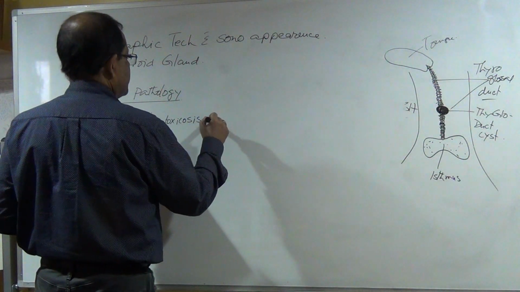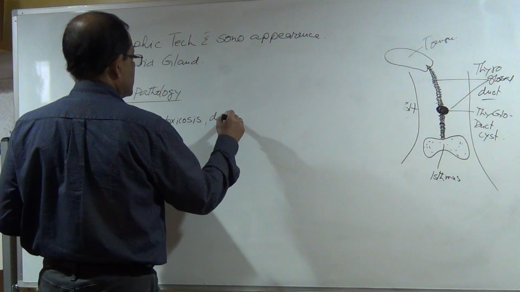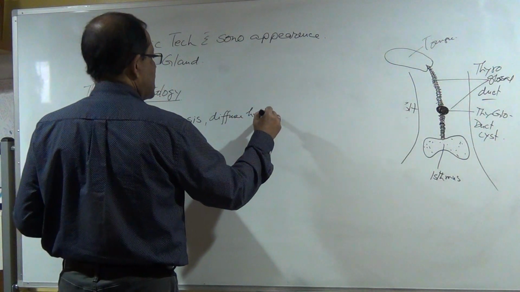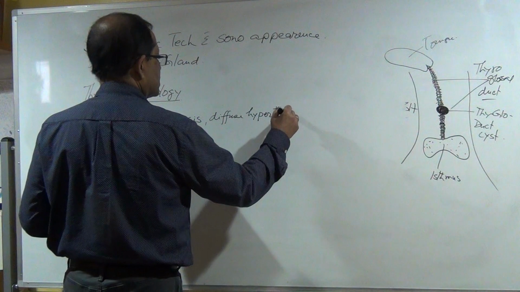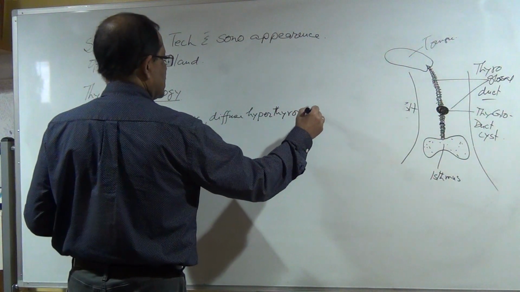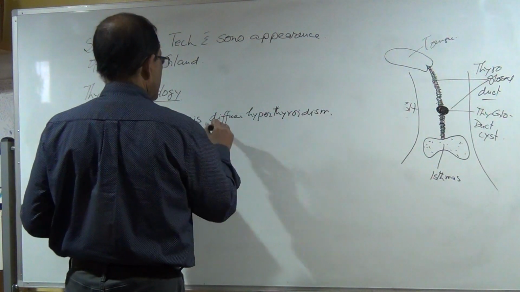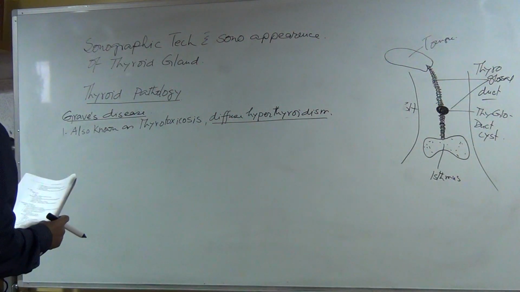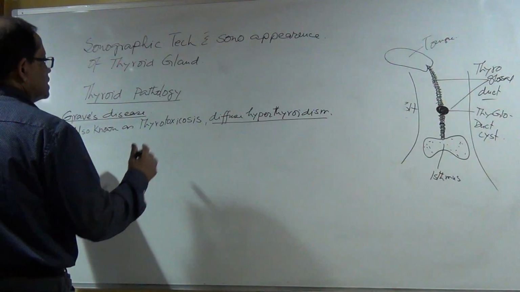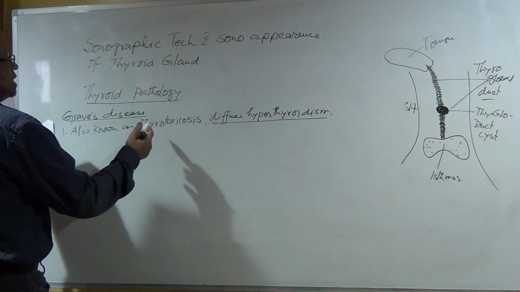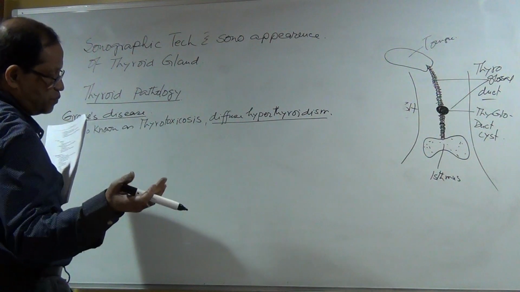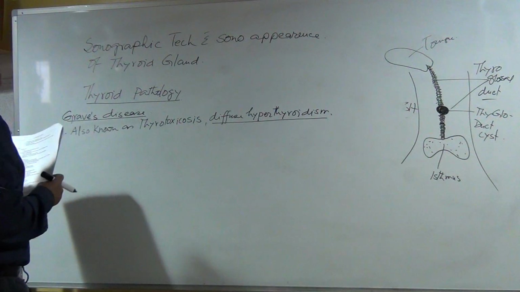It is a diffuse hyperthyroidism. Diffuse means all over. Thyrotoxicosis means the thyroid is functioning more and producing a toxic effect in the body.